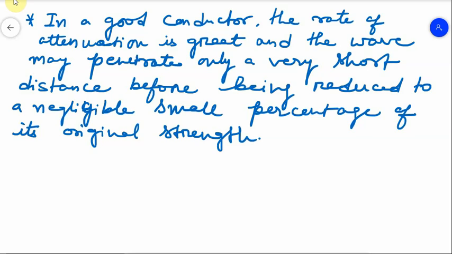What we actually observe is that in a good conductor the rate of attenuation is large, and the wave may penetrate only a very short distance before being reduced to a negligibly small percentage of its original strength. I will show it with the diagram, that the strength is being reduced.